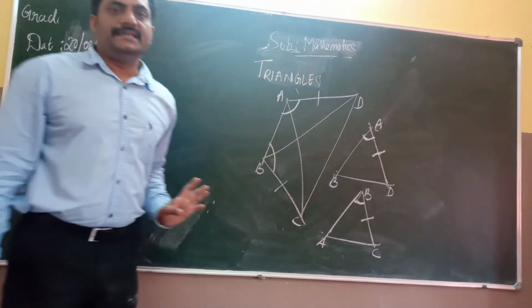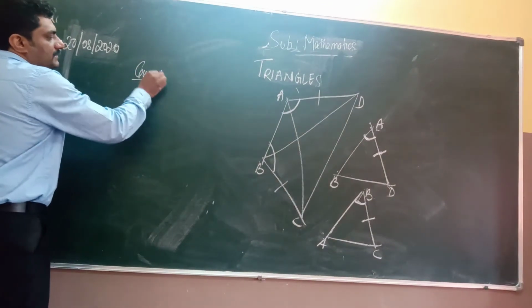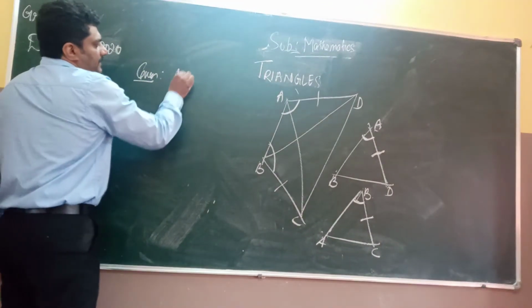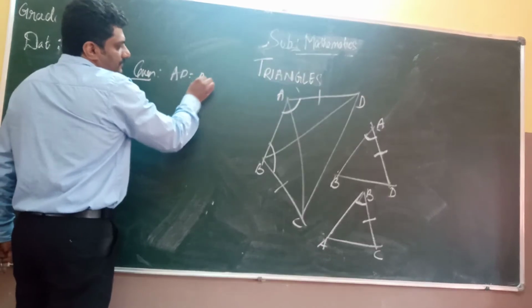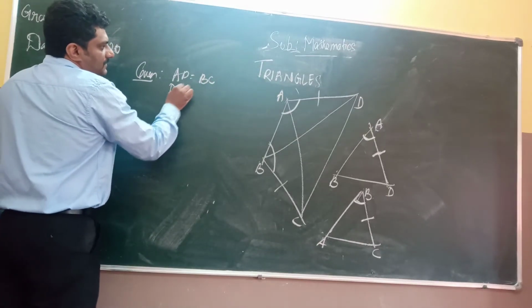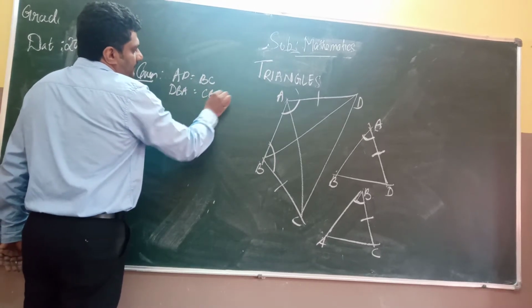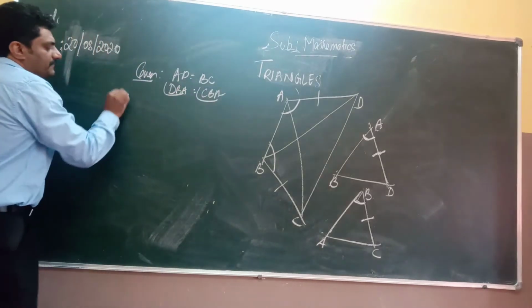It is already given in the question. Let's try. What is given? AD is equal to BC, and angle DAB is equal to angle CBA. What do we have to prove?